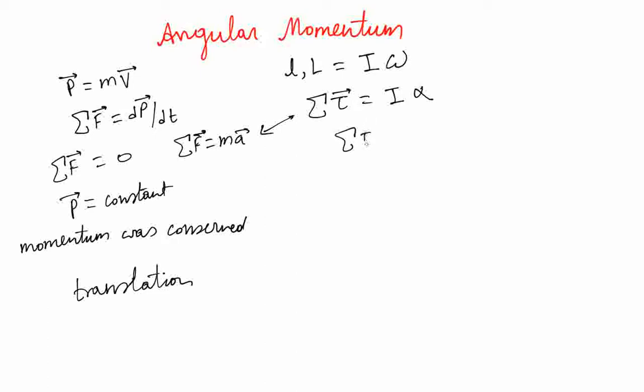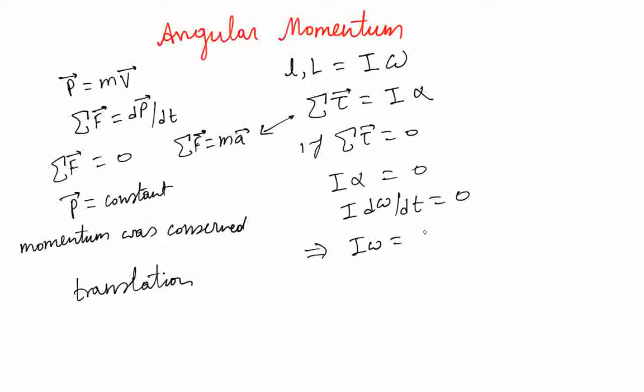Similarly, if the net torque is 0, then I alpha equals 0. And if I alpha is 0, which can also be said as d omega over dt is 0, which means that I omega is a constant, or you can say angular momentum is conserved.